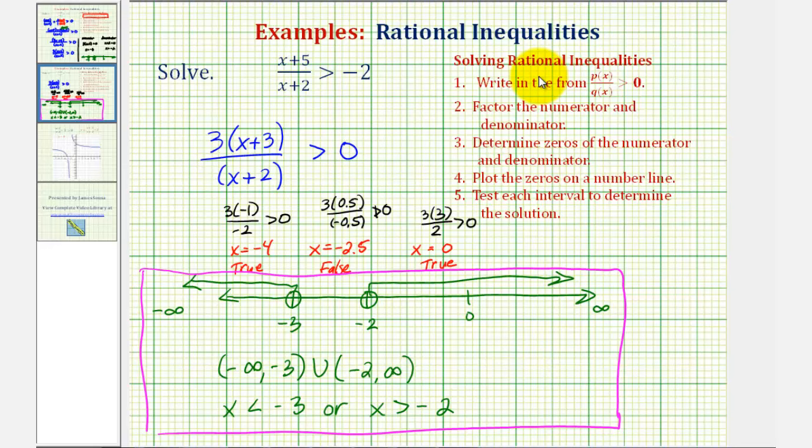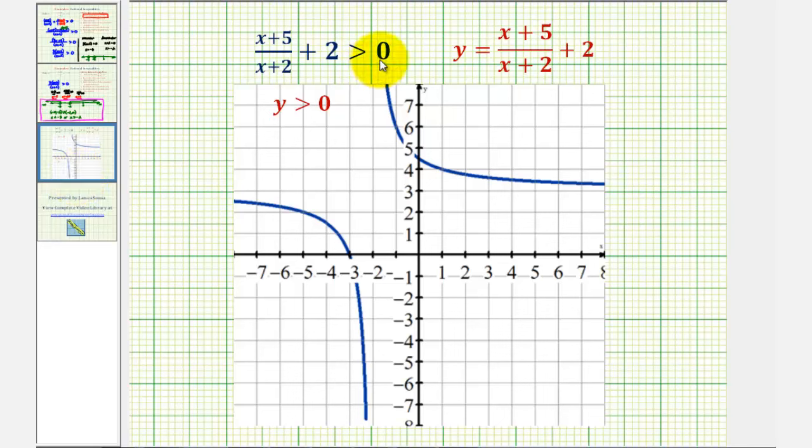Before we go, I do want to show how we can check this using a graphing calculator. Remember, our first step was to add 2 to both sides of the inequality so we can compare the result to 0. So if we left it in this form here and then graphed y equals this quotient plus 2, this would be the same as determining when y would be greater than 0. Y is greater than 0 when the graph is above the x-axis.